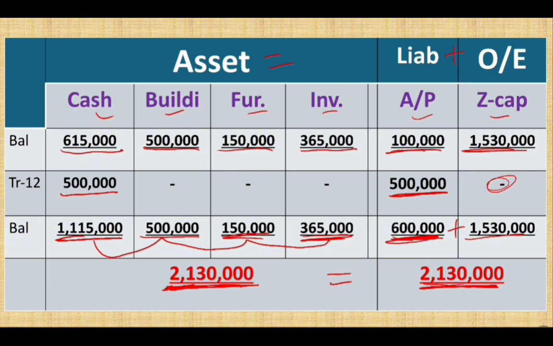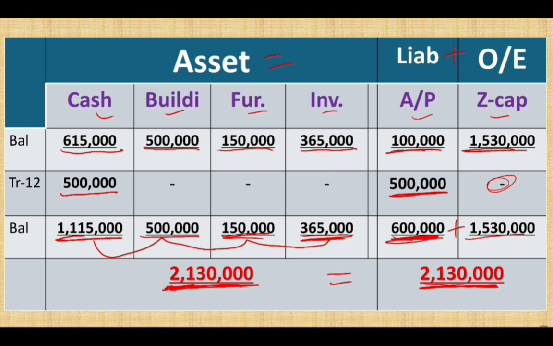So these are all we have for lesson 3. We tried to see some 12 important transactions. Therefore, you have to know that first we have to differentiate which accounts are assets, which are liabilities, which accounts are owner equity, or which accounts are going to affect the asset, the liability, or the owner equity.